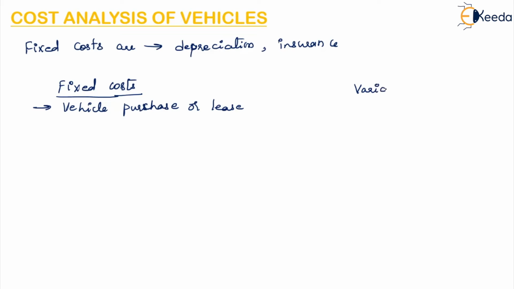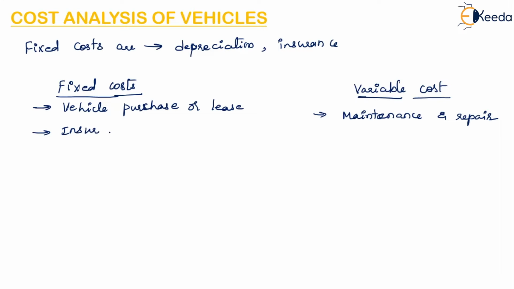Then variable cost. So what is the variable cost? Here variable cost is maintenance and repair. So it is wearing and repair. Then insurance comes under fixed cost.